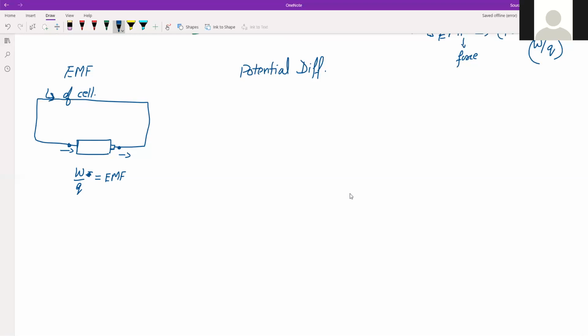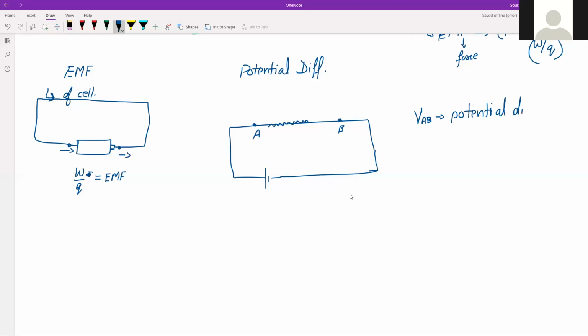While potential difference is what? A part of a circuit in which you just take 2 points. So it is a huge circuit. We don't know where it starts or ends. Suppose this is a simple section of that. Then there is a point here A, there is a point here B, and then VAB is called the potential difference between these 2 points.